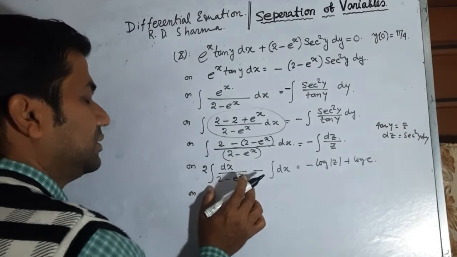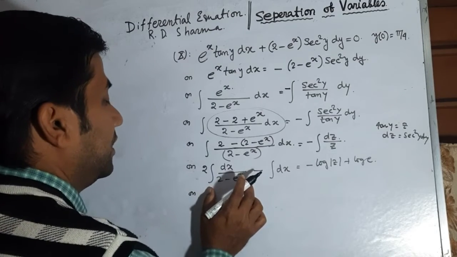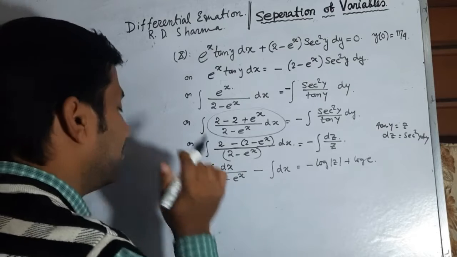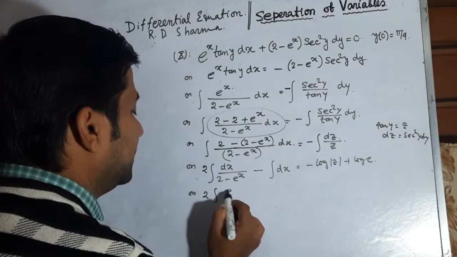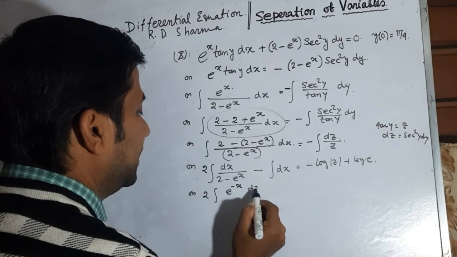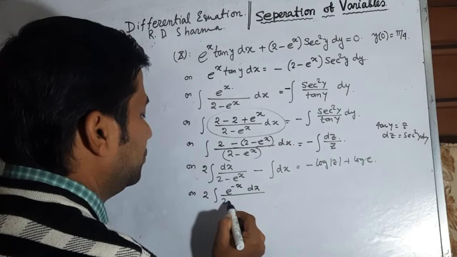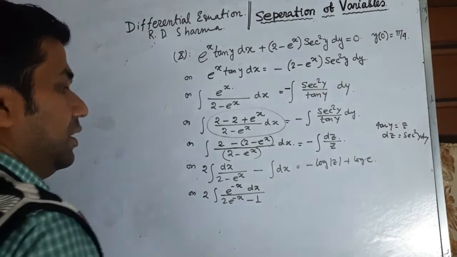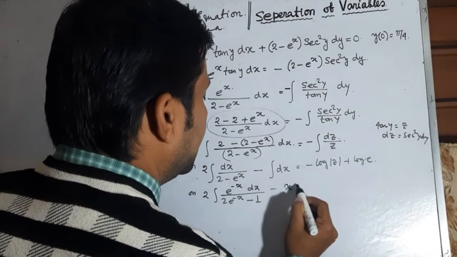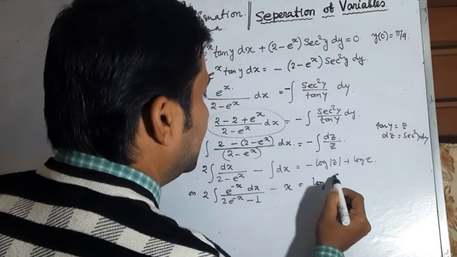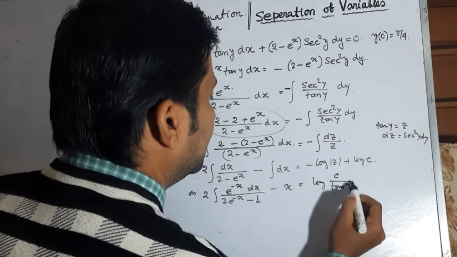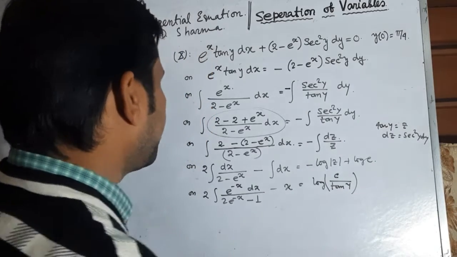Now in this integration, multiply both numerator and denominator by e to the power minus x, then e to the power minus x dx by (2 e to the power minus x minus 1) minus x is equal to log c by z. z means tan y.